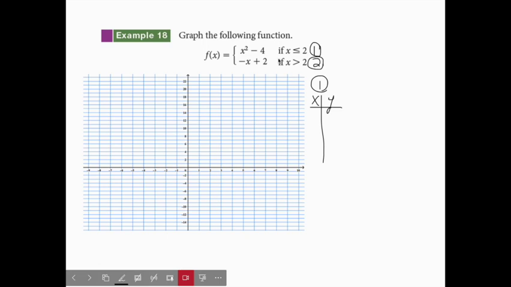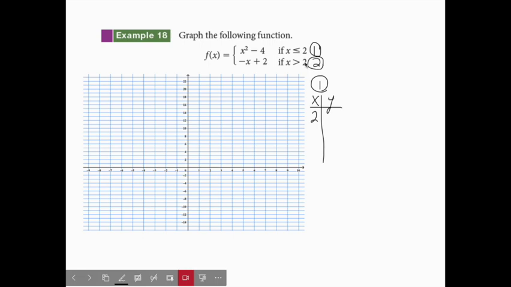You also want to make sure that when you plot the points, you stick to this interval. This quadratic function is only going to be graphed on the interval where x is less than or equal to 2. And you certainly want to make sure that when you're picking your points, you use your endpoint as well. So I'm going to start with 2 because that is my endpoint here.